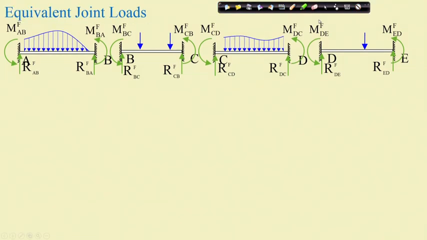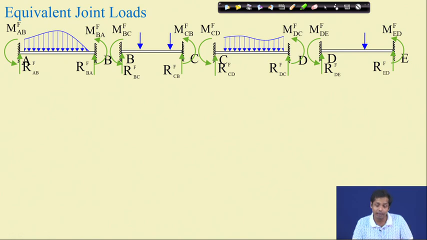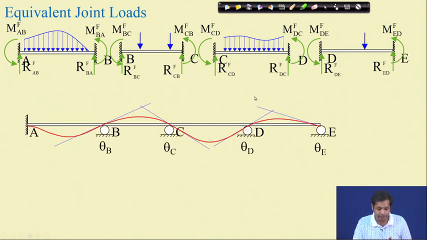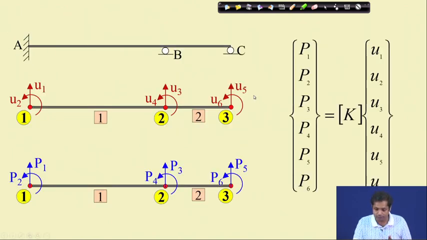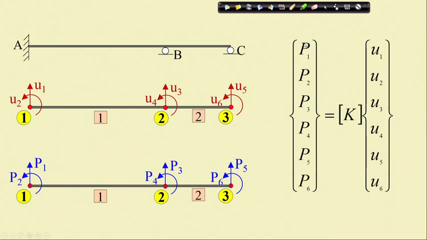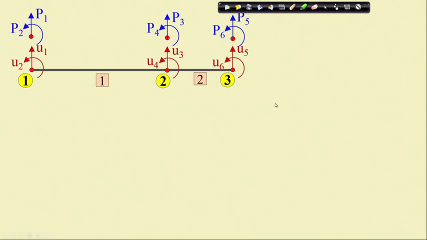Now, probably if you still have some confusion, when you actually demonstrate them through an example, this confusion will be clear. So, we discussed what is equivalent joint load. Now, once we have the equivalent joint load for this problem, say P1, these are the equivalent joint loads and they are related to the support displacements.